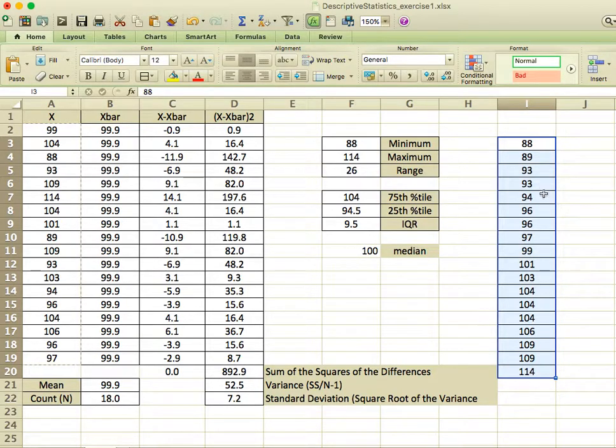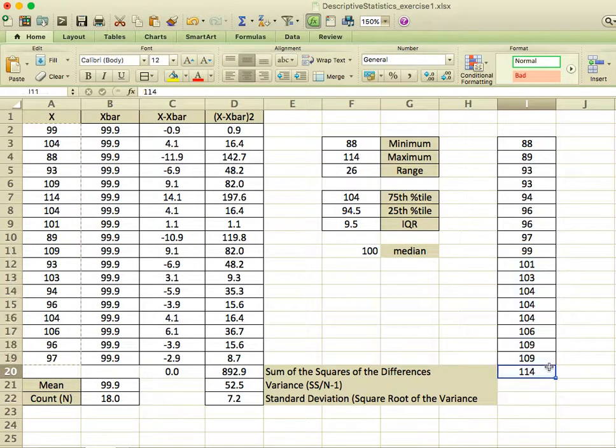These are the bottom 9 numbers: 1, 2, 3, 4, 5, 6, 7, 8, 9.